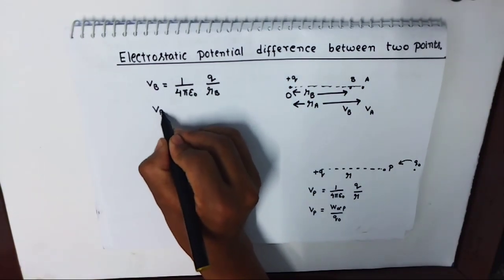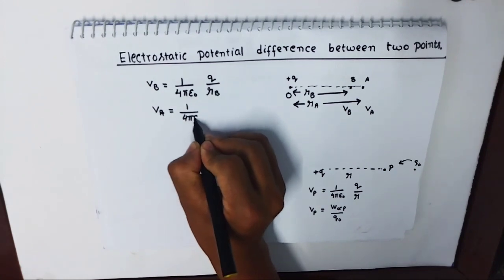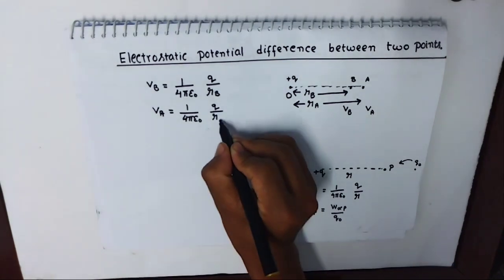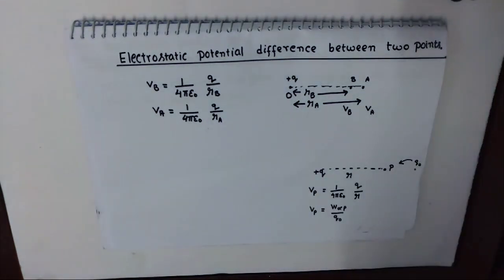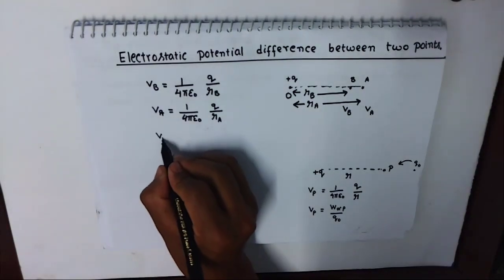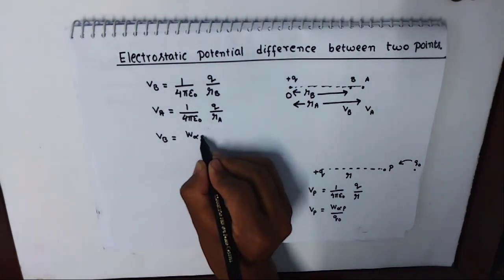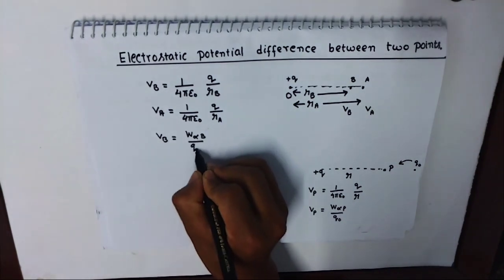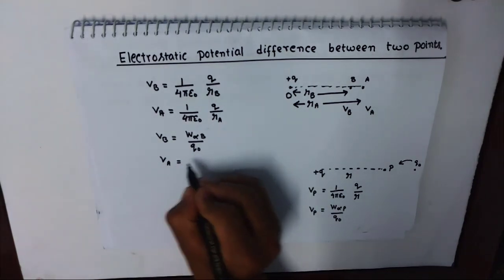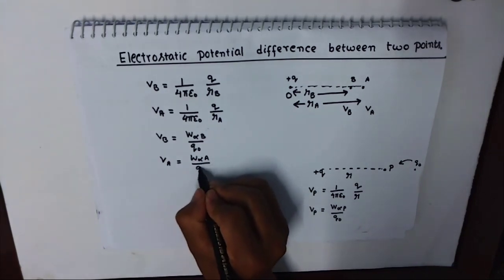It is Va equal 1 by 4 pi epsilon naught Q divided by Ra. So how do we get this Vb? This Vb we can also write as W infinity B divided by Q naught. Also Va, it is W infinity A divided by Q naught.